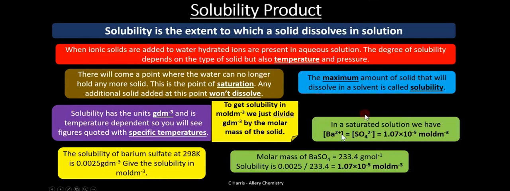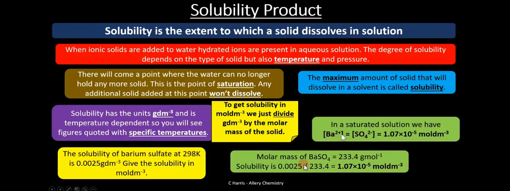So in a saturated solution, we have the concentration of barium 2+ ions. Remember, I said that when we add these ionic solids to water, they're going to be hydrated. So we're going to have the hydrated ions, barium 2+, being equal to the sulfate ions, 2-.